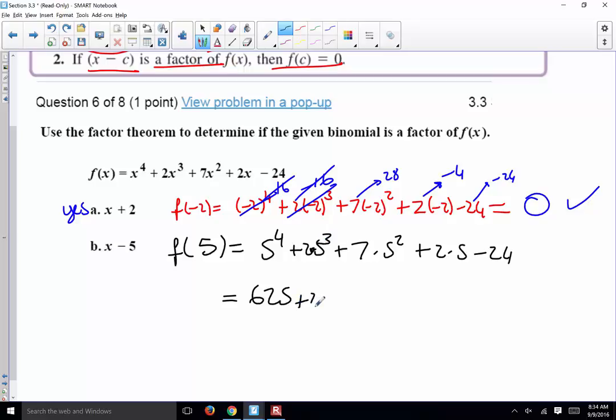And that's 250. 35, 185. No, 245, right? No, this is 25. So it is 175. Ten minus 24. There is no way this thing is 0, right? Because this is huge. Correct? It's not. No.